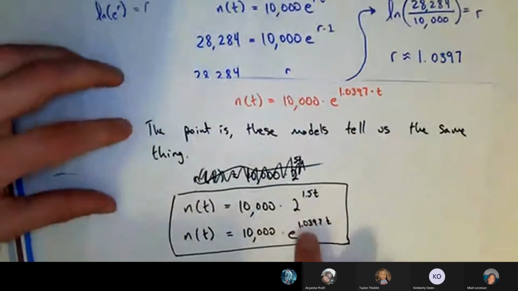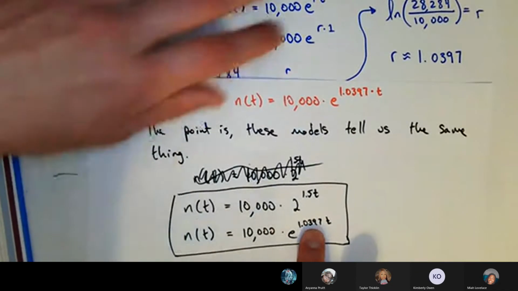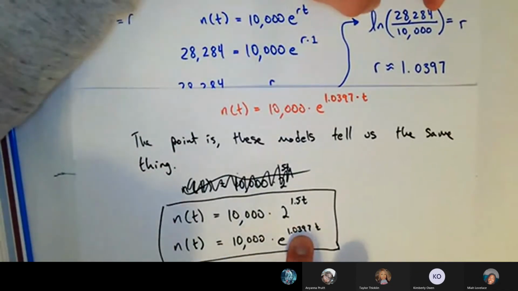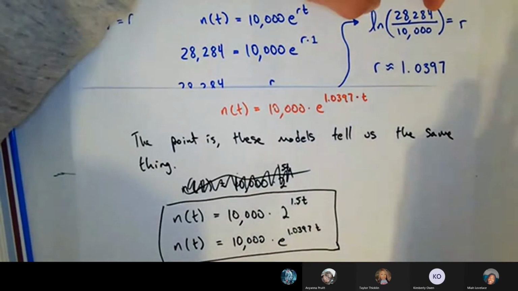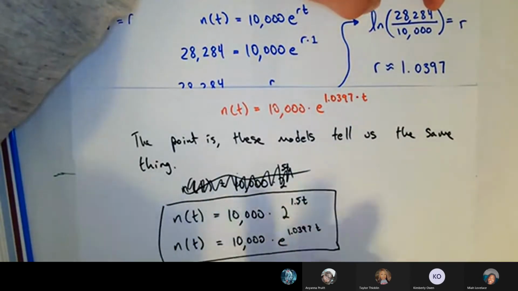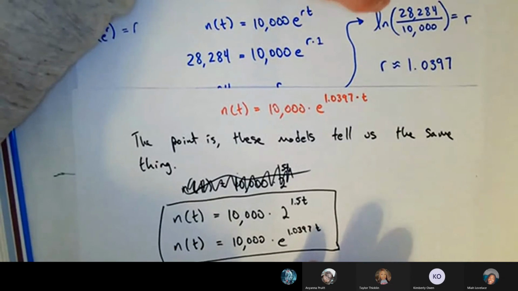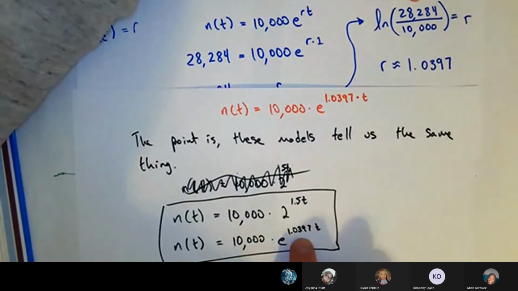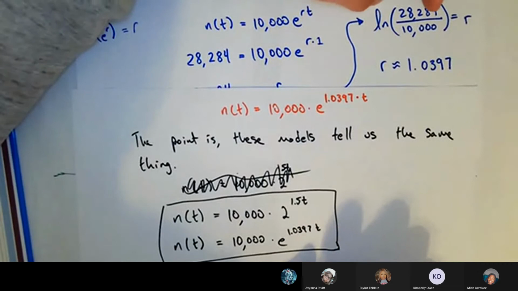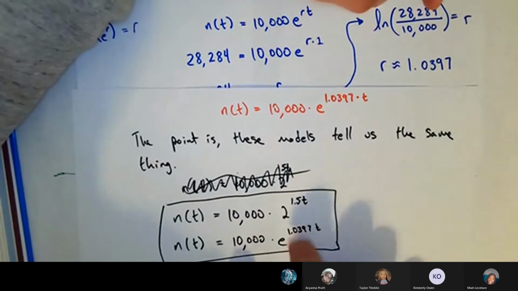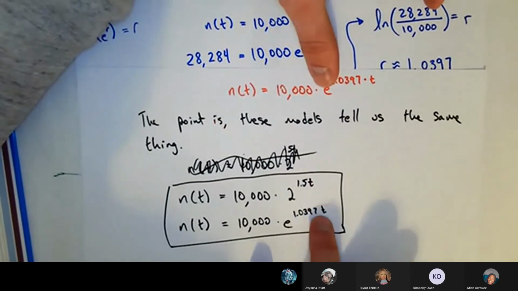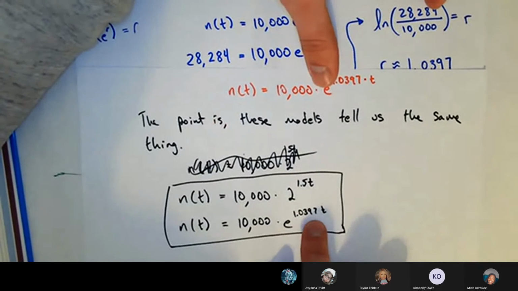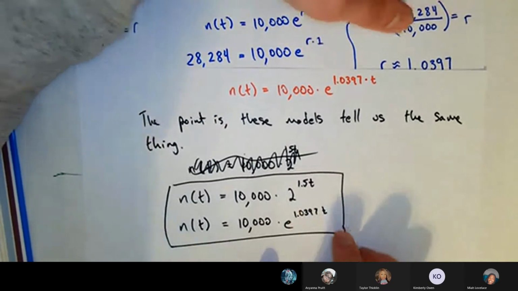I would literally, instead of writing this approximate decimal, write this entire log thing, which would look awful up there, but if I wanted it to be perfectly exactly the same as this model, this is what I would write, this whole natural log thing. It would be a lot to look at, but it would be a perfect match to this example. But I think for this problem, rounding to the fourth decimal place is just fine for this rate R.